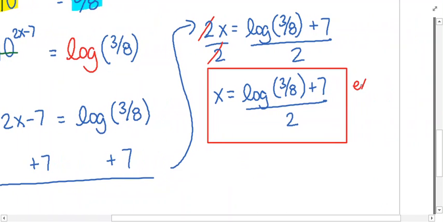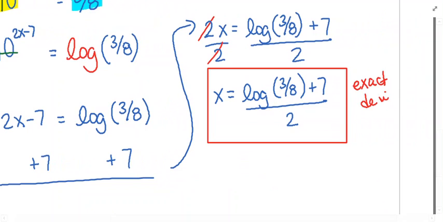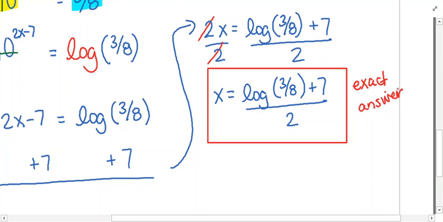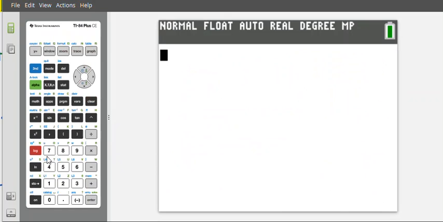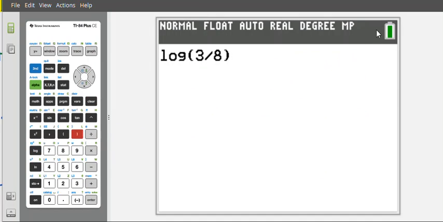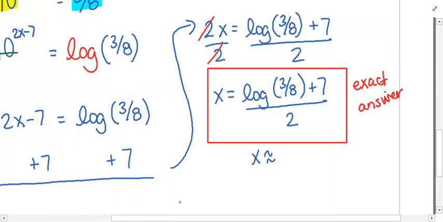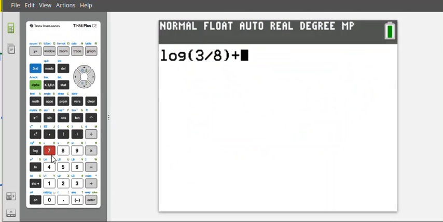And we can go and get a decimal approximation. I'm putting exact decimal. That does not make sense. So let's say exact answer. I'm going to go to my calculator and type this in for a decimal approximation. You have to use log here. So we're going to get the log of 3/8, close parentheses, because that's what I'm taking the logarithm of. Then add 7. I'm going to hit enter.